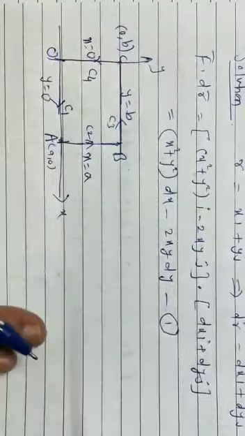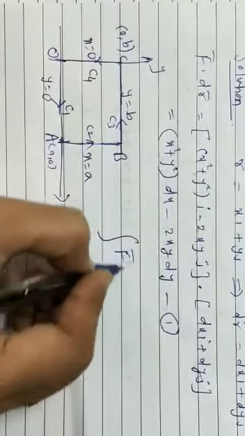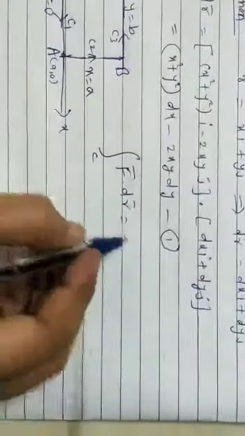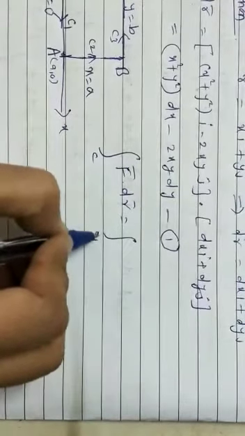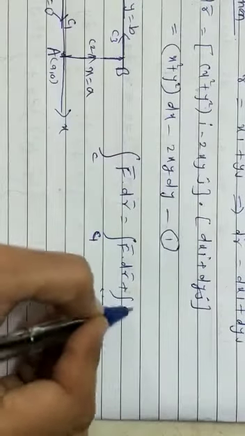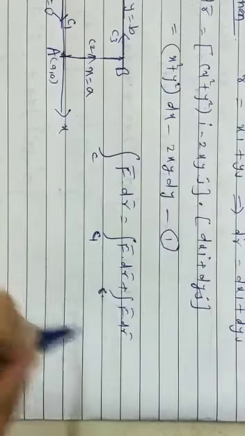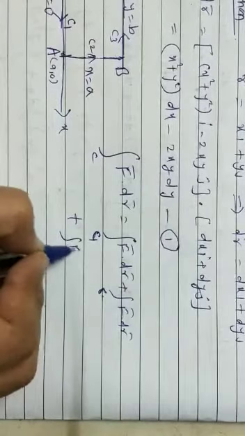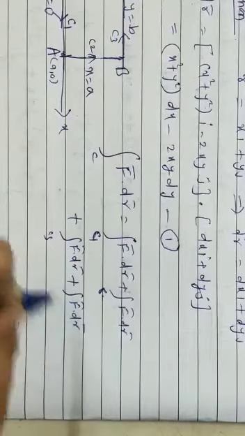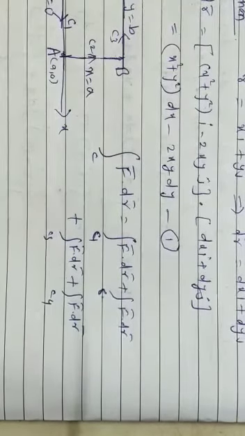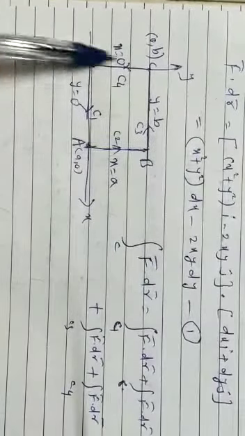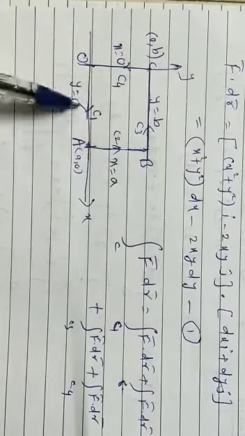So when you go to find out the line integral f bar dot dr bar, this line integral will get divided in 4 parts: through C1 what will be f bar dot dr bar, then f bar dot dr bar on curve C2, then f bar dot dr bar on C3 and f bar dot dr bar on C4. So this line integral is divided in 4 parts. Why 4 parts? You understood students? Because if you observe this diagram, you have 4 parts of the curve.